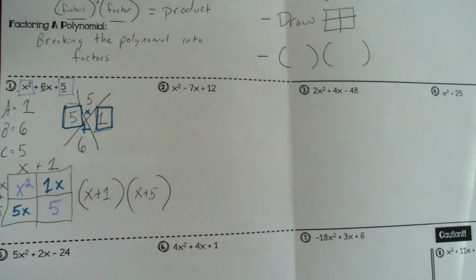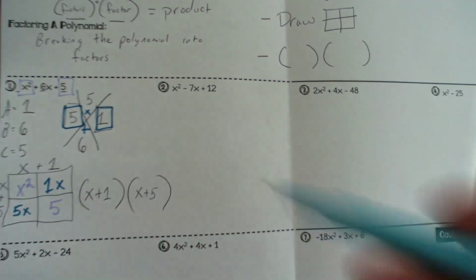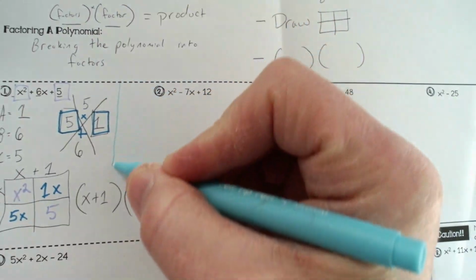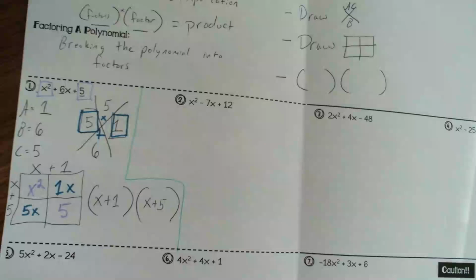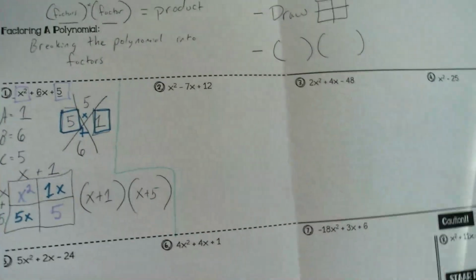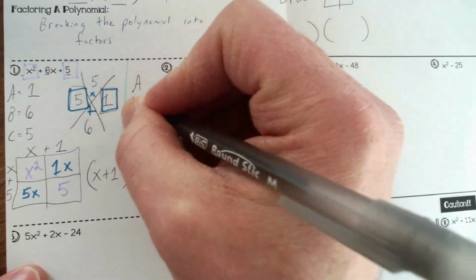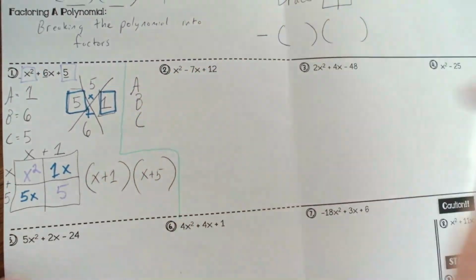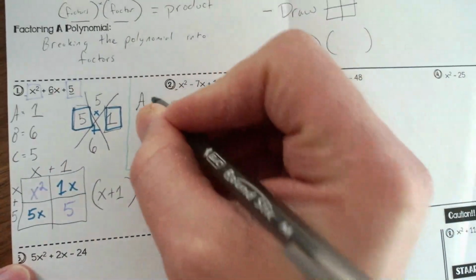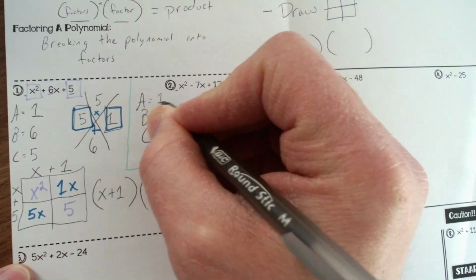In problem number 2, I'm going to draw this line just to give myself a little separation because I kind of went into problem number 2 there. Step number 1, ABC. My A value is 1.